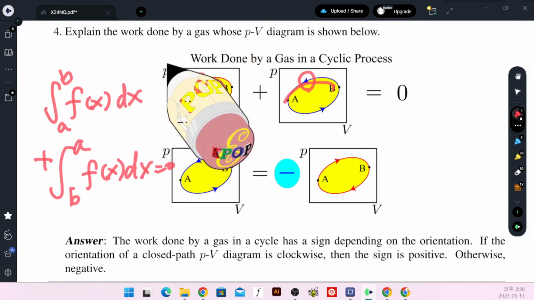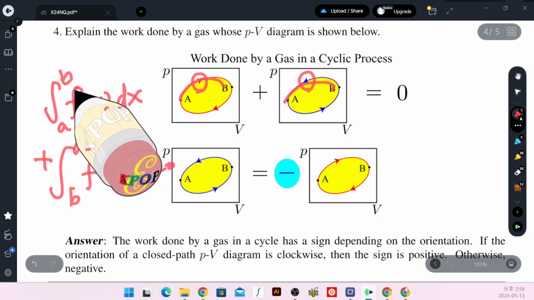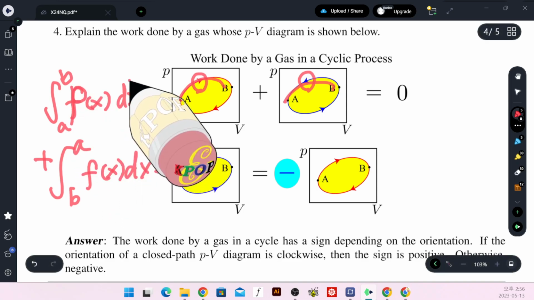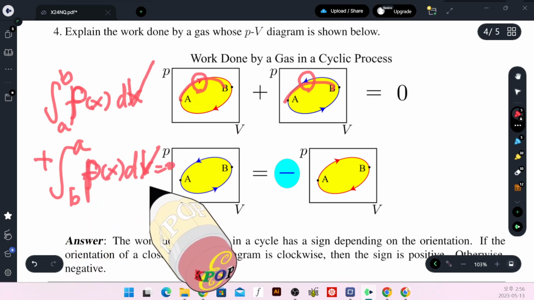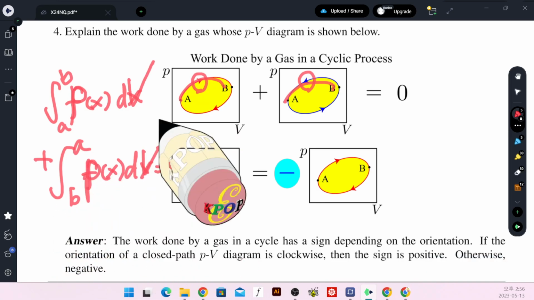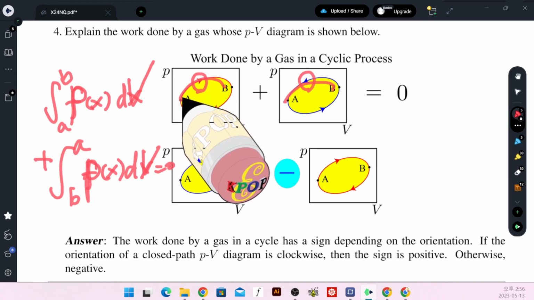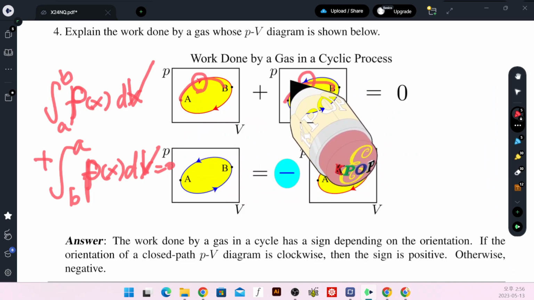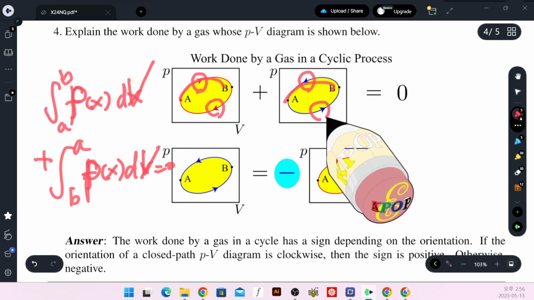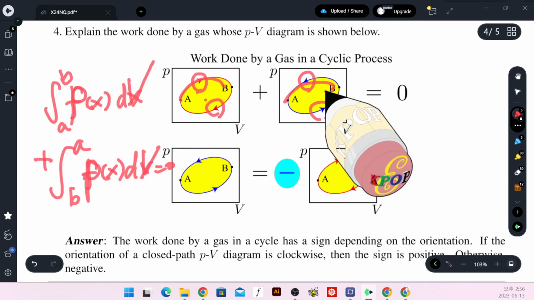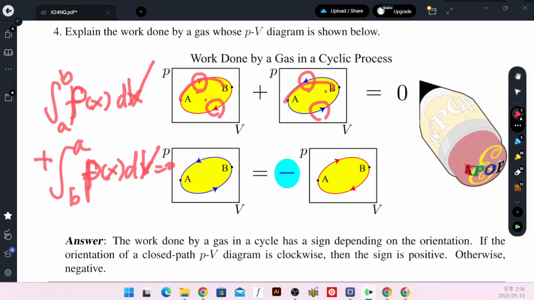The work done by the gas is replaced with pressure and volume, so they cancel, and this part also cancels. So if we sum these two, we have 0.